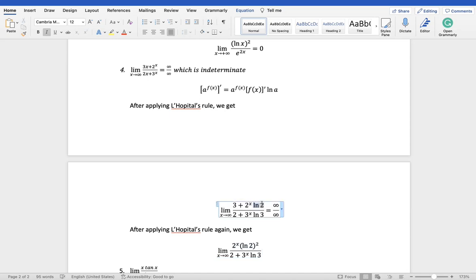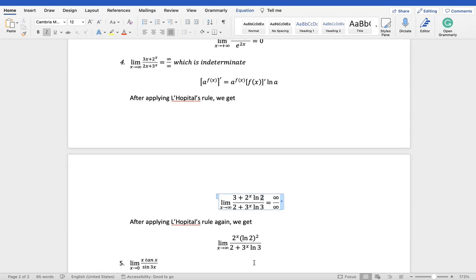When you find the derivative of 2 to the x, another ln 2 comes in, and it multiplies with the other one, so it becomes ln 2 squared. Does that make sense? Yes, it does. Okay, so now repeat the same thing for the denominator and tell me what you get.